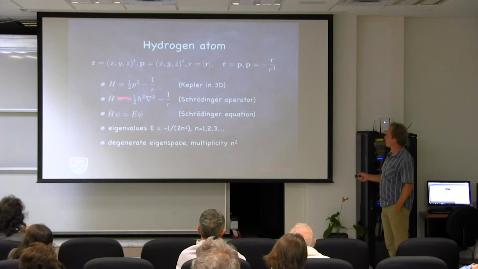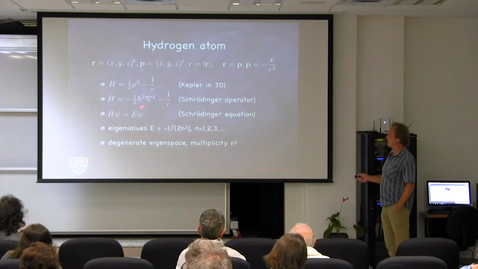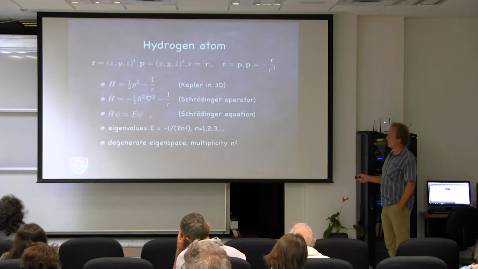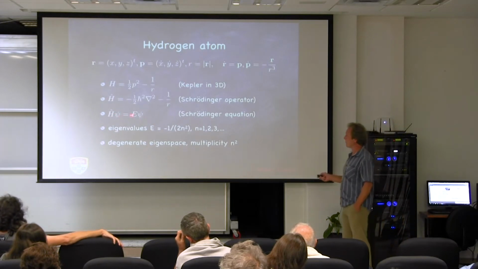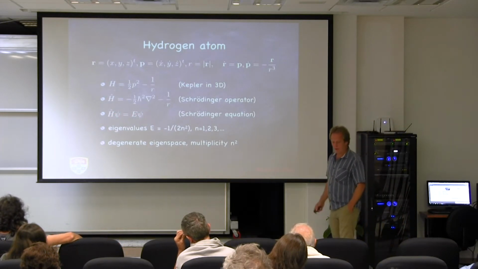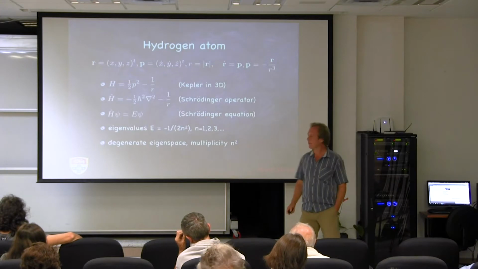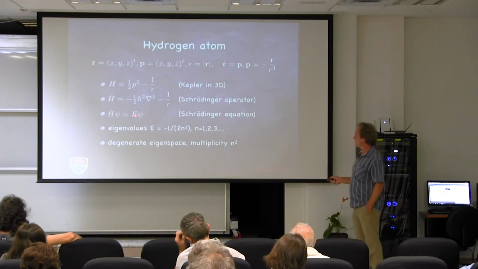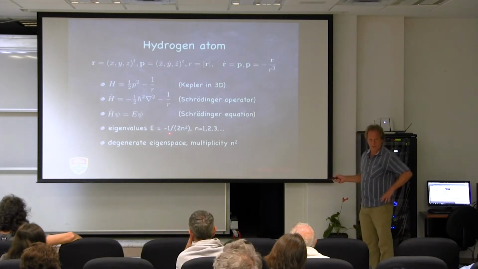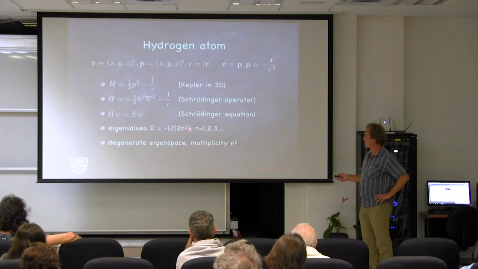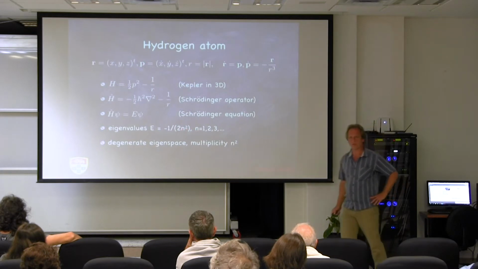So this is the Schrödinger operator, and in the quantum case, you're interested in solving the stationary Schrödinger equation. So apply this operator to a wave function, a function on R3, and require that you have an eigenfunction. Then this E is the energy, and they are classically known. Well, they're negative for this compact case, minus 1 over 2n squared, where n is a positive integer.